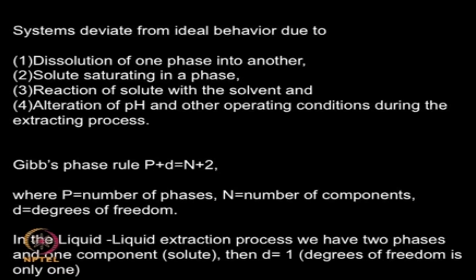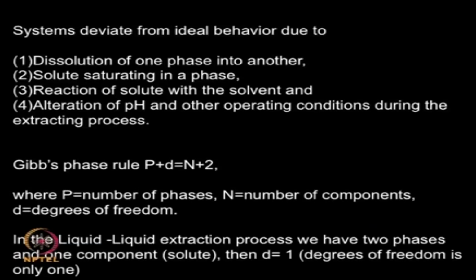Now of course systems deviate from ideal conditions, no system is ideal, because in a real situation you are going to extract a solute from a fermentation broth, so you are going to have many species, you are going to have solids present, you are going to have a highly viscous broth, you are going to have biomass present, and then the extraction process you do not leave for a very long time, so that the solute in both the phases come to equilibrium.